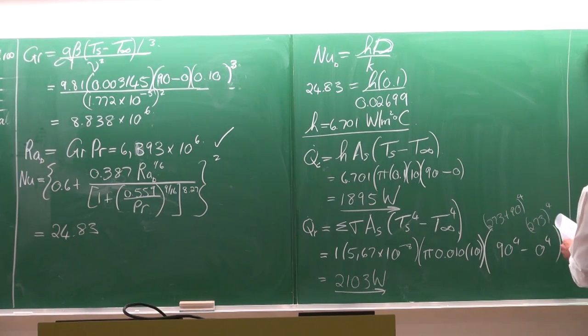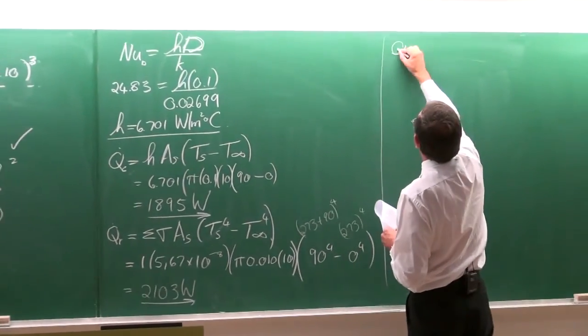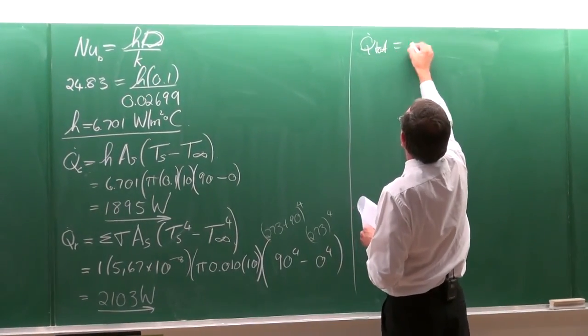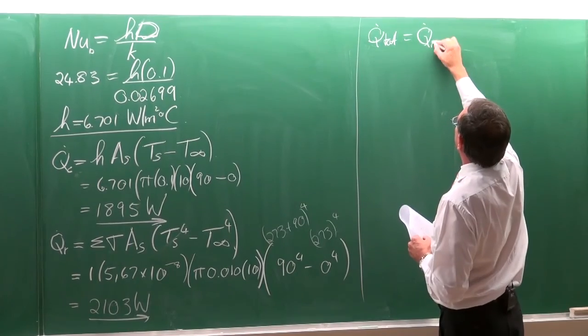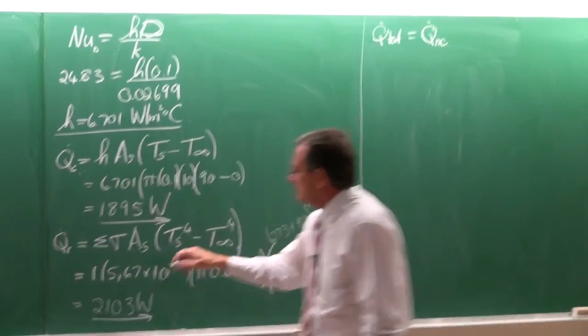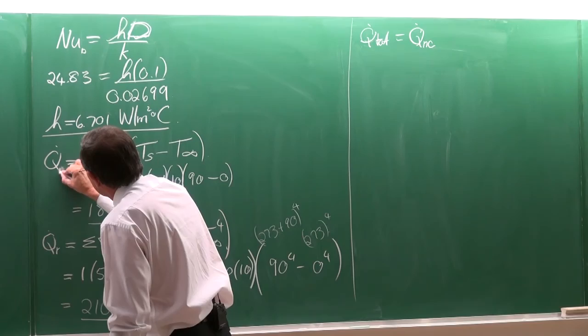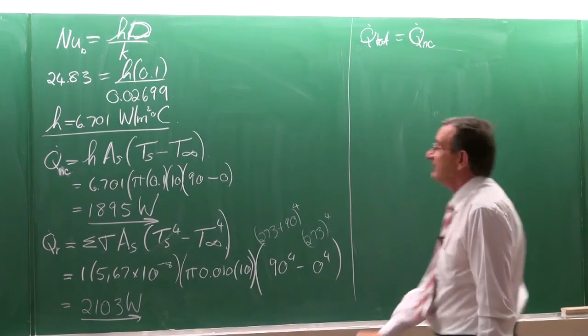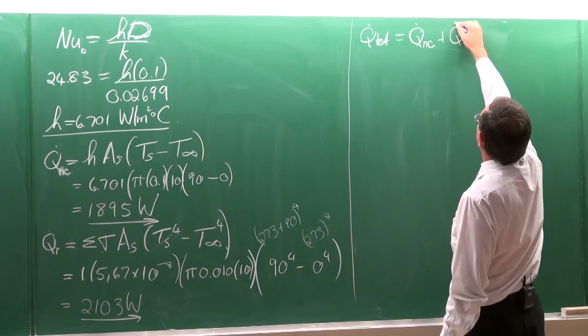So therefore, we should actually now say the total heat transfer rate is equal to the heat transfer rate of natural convection. Previously we've used a C there, maybe we should use an NC to indicate natural convection, plus the heat transfer rate of radiation.